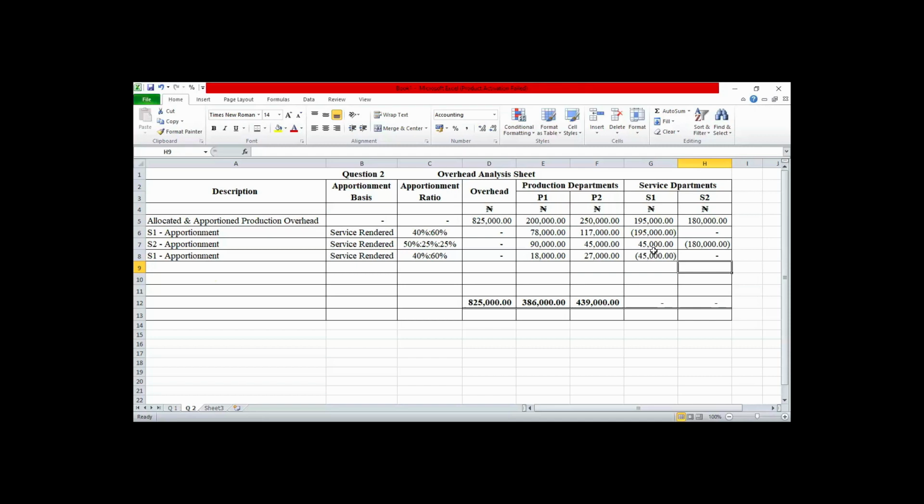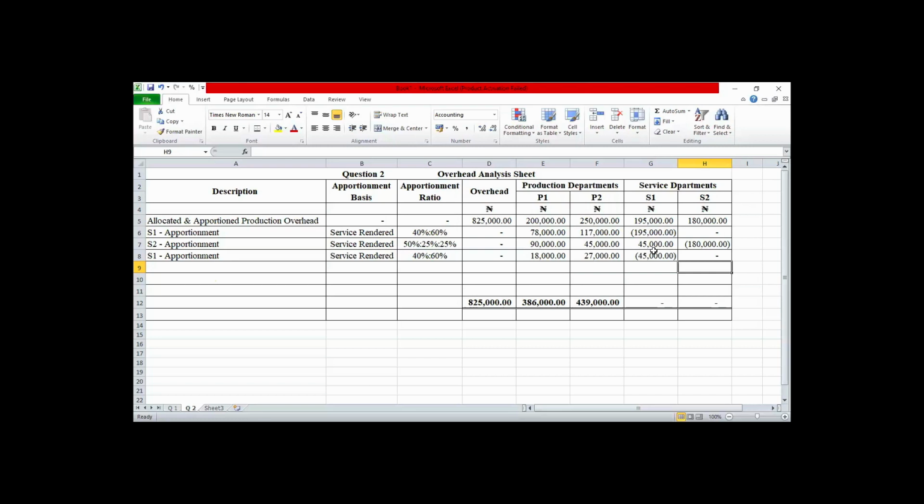Depending on what they want you to use, they can instruct you to use a particular method. There was a question like that in 2017 or 18 where they said they should use the repeatedly method. The information given to them was very, very voluminous, and it takes time for them.